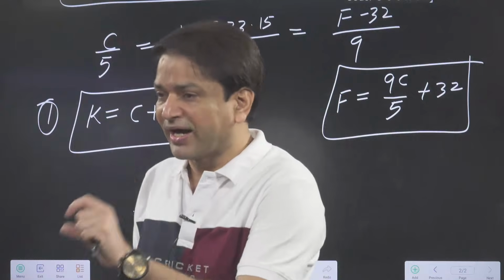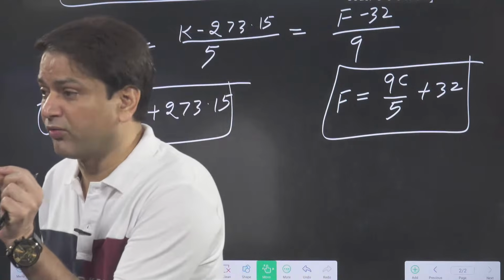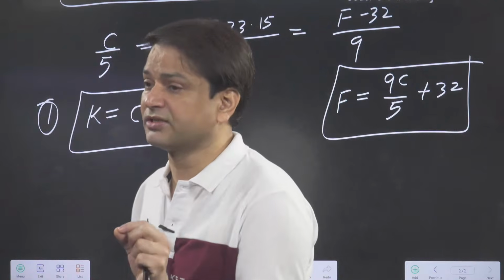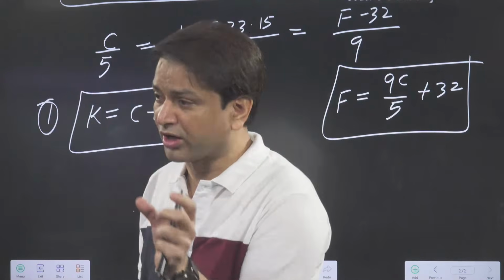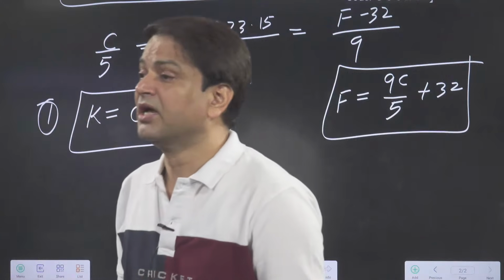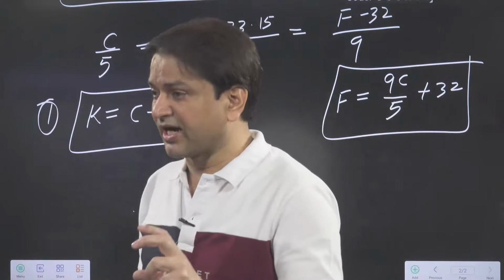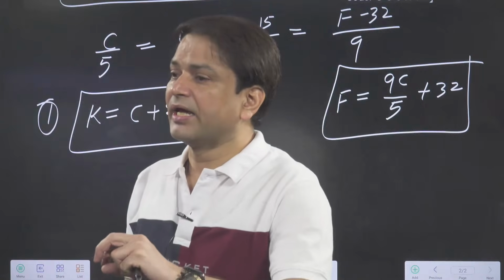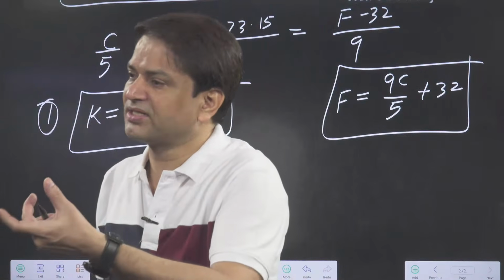By and to are very small words, but they can make a difference in the problem, and by taking the wrong meaning you can lose 5 marks. So by means delta, by means change. Increase to, rise to means final.